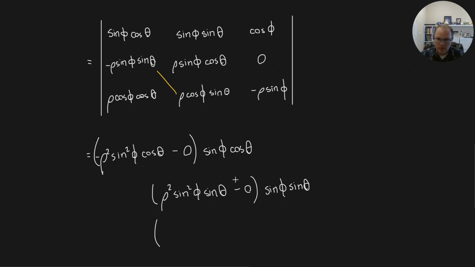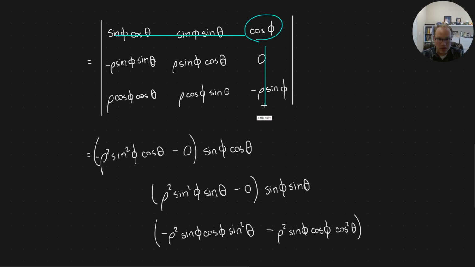So negative rho squared sine phi cosine phi sine squared theta, minus what I get when I multiply those two, which is rho squared sine phi cosine squared theta, times, remember I expanded about cosine phi, so I need to multiply by that at the end here.